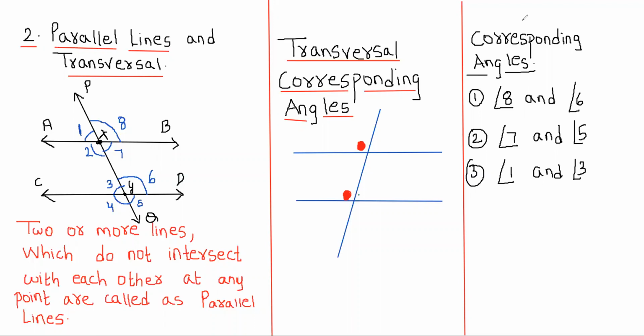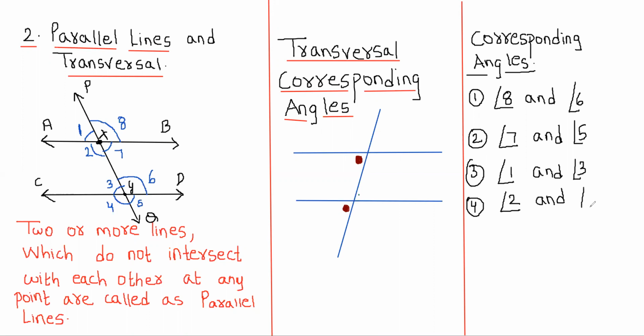Now let's go for the last pair of corresponding angles. If we take this particular angle, then we have to go downwards. Next to the adjacent is this angle. So the last, fourth pair of corresponding angles is angle 2 and angle 4.